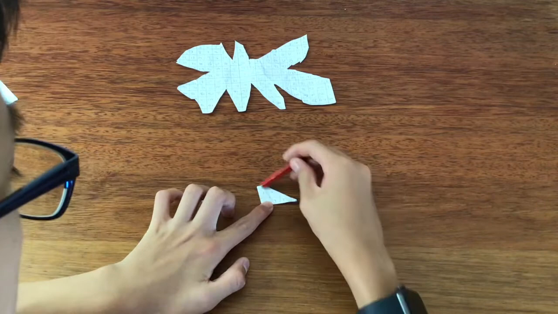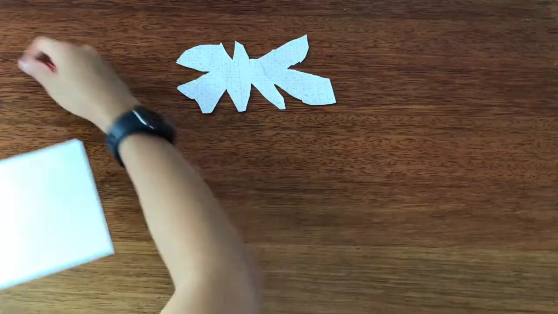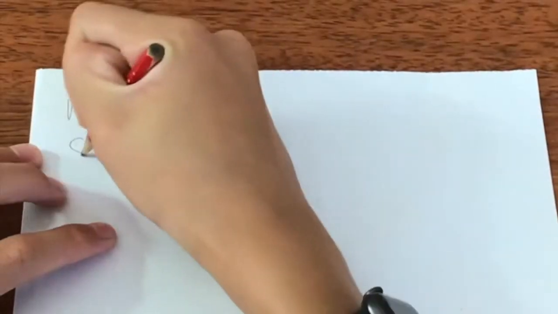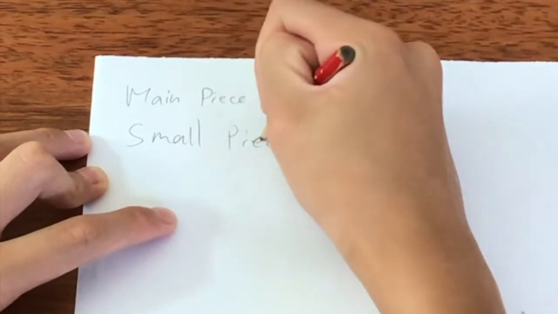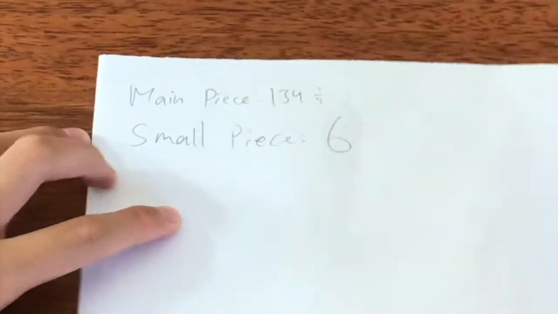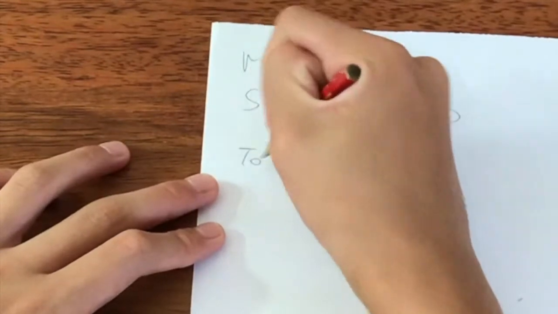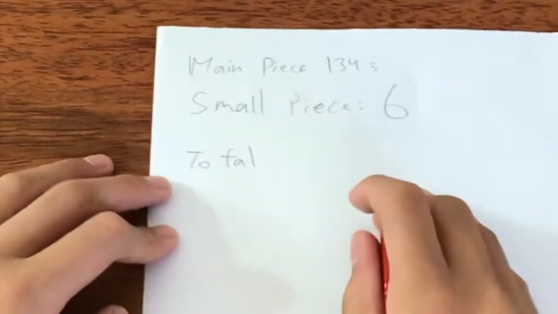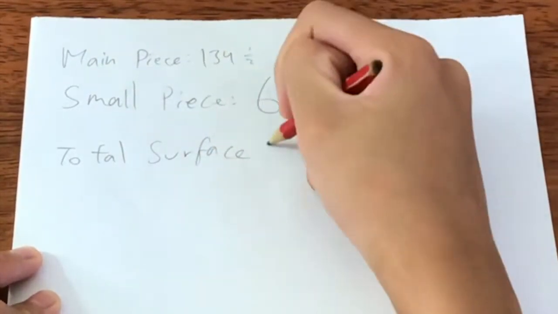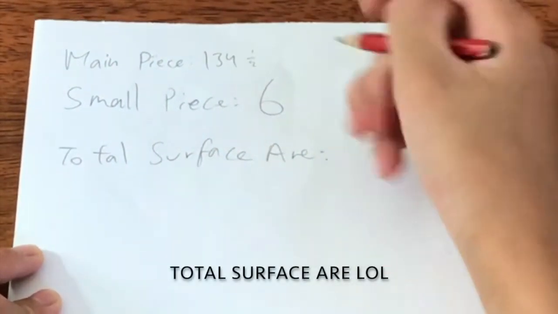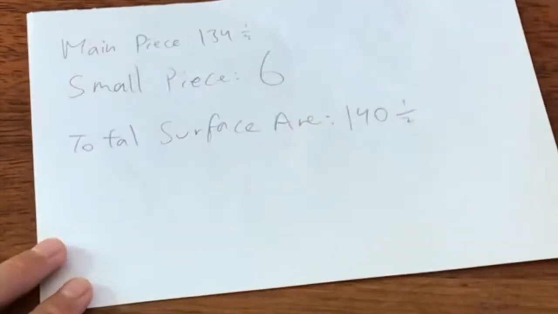And then maybe I'll count all of the rest as one more whole, so that'll be 6. Okay, so that means in total the surface area would be 134 and a half plus 6, that is 140 and a half.